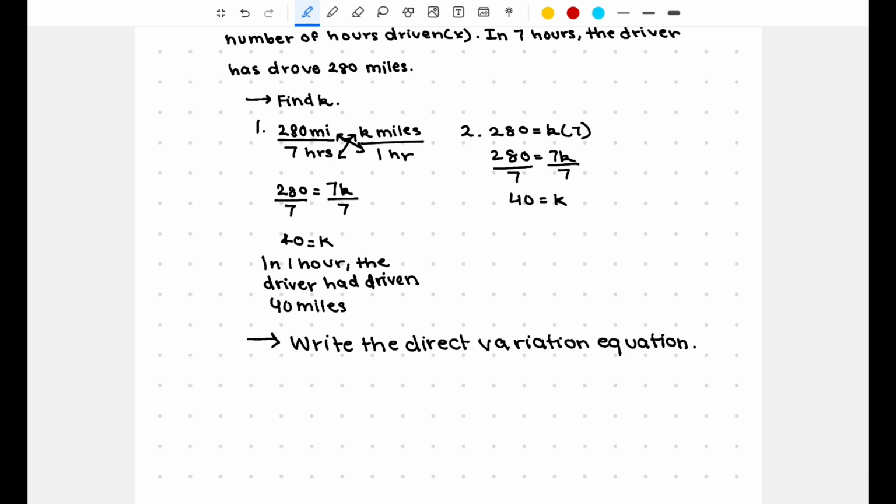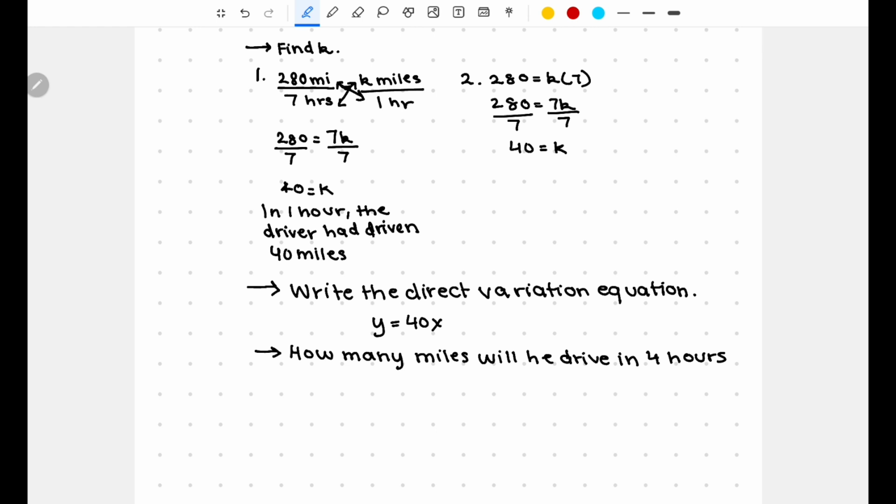Since we just found that k is equal to 40, our equation is just y is equal to 40x, because y is equal to kx and k is equal to 40. We aren't plugging in y or x because that is for you to plug in when you're given a specific value of x or y, and then you can solve for the other one.